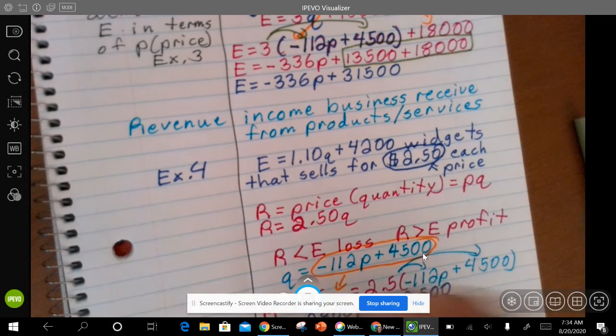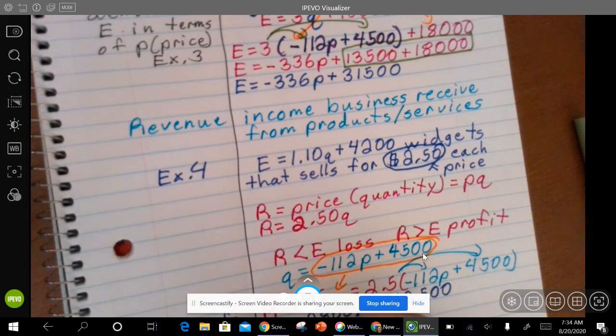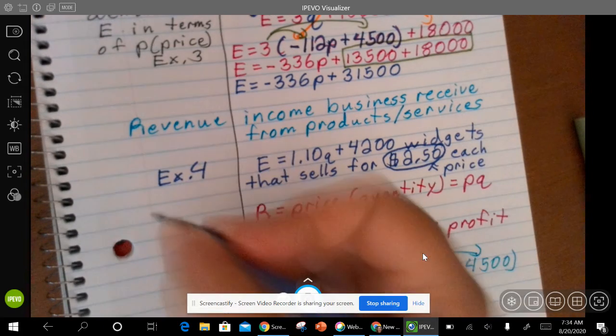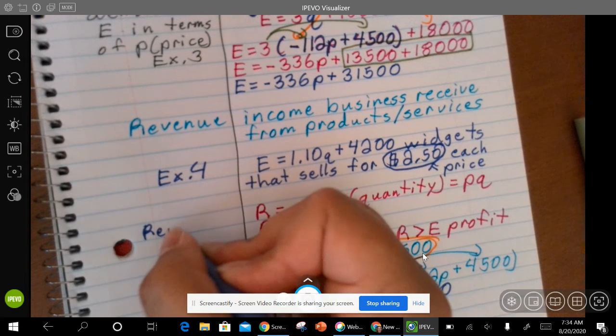So this is the revenue function in terms of price. Okay, and this is the revenue function in terms of quantity.